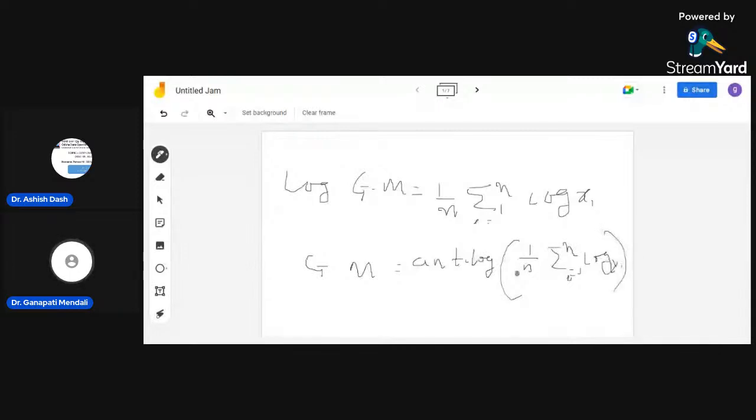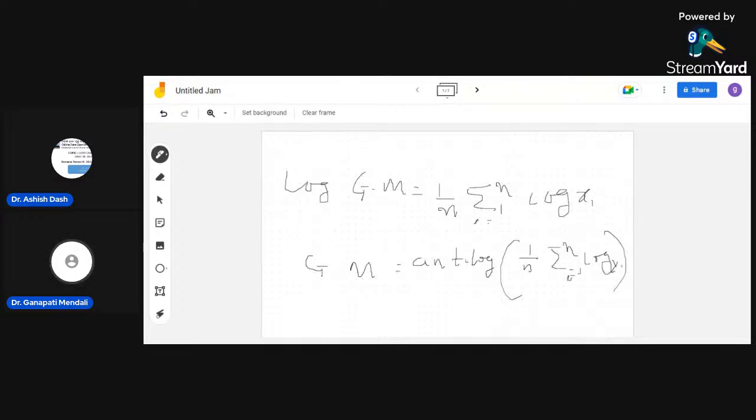If you see the formula in your study material 1.3.1, the same values: 10, 100, 1000, 10,000, 1 lakh. The logs are 1, 2, 3, 4, 5. Again, 15 by 5 is equal to 3, and we take the antilog of this. So here the geometric mean value is equal to 1000.